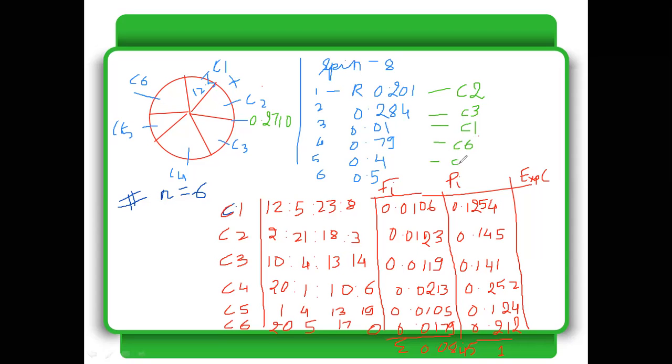Then it is C3 again. And for 0.5 it is C4. So this is my new pool from which I have to select my parents.